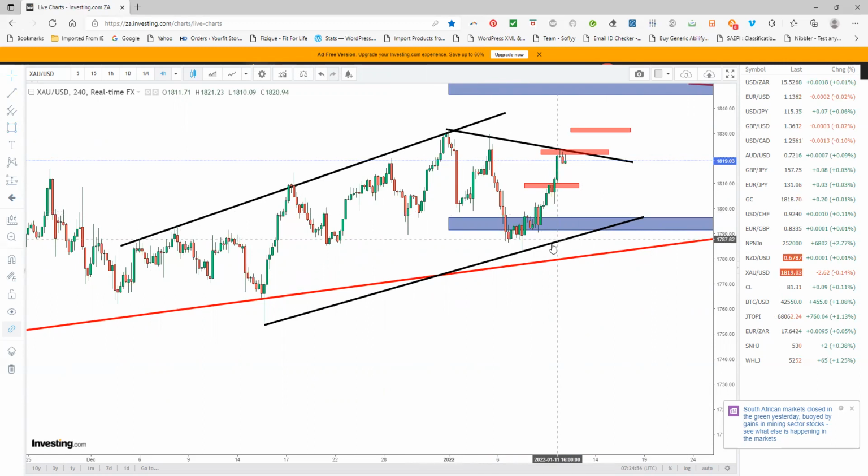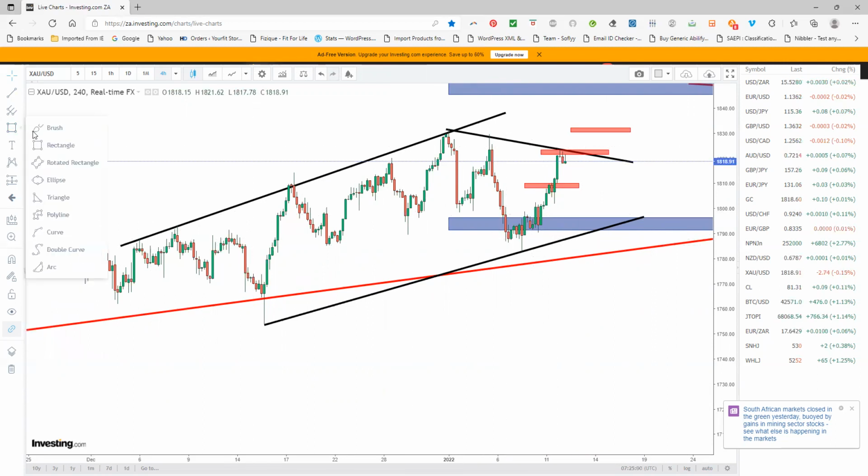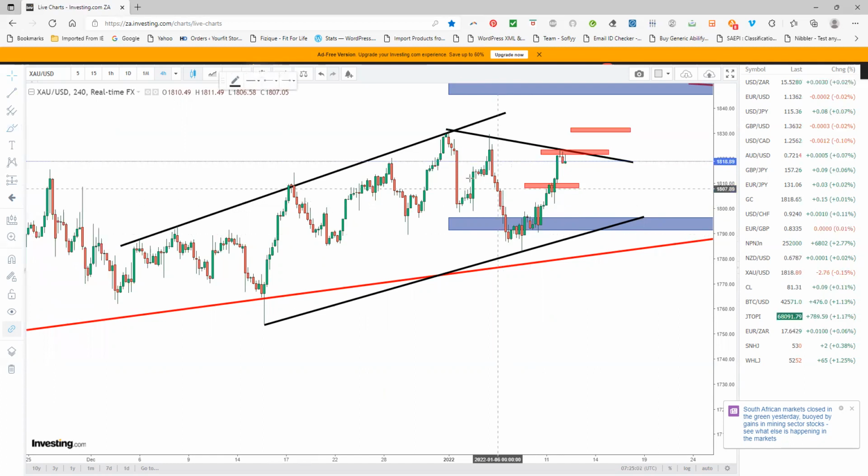So we're trying to understand the levels, right? So this is the big W, but within this big W is a small W, like that. We should have entered there, and we made a nice profit today. So can you see there's 1, 2 pushes? We're waiting for the third push.